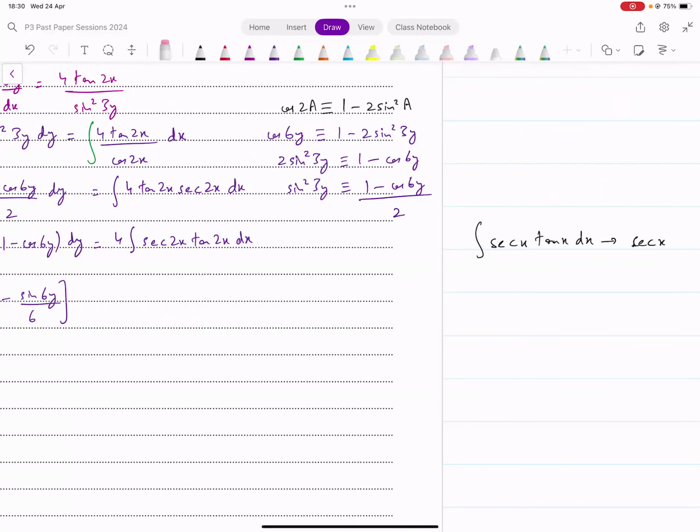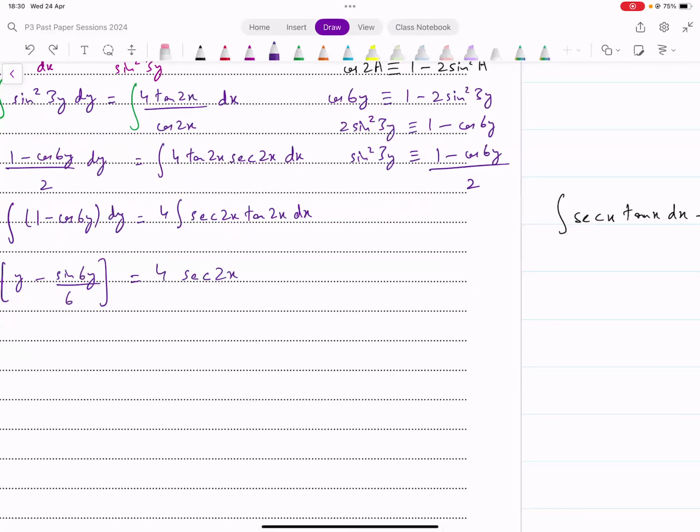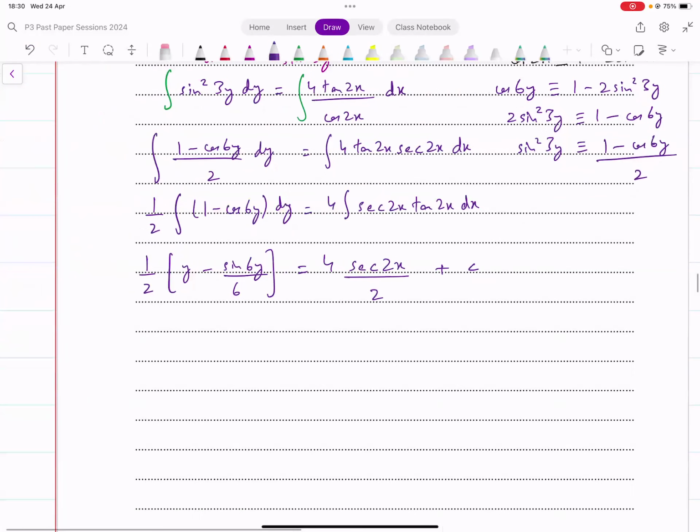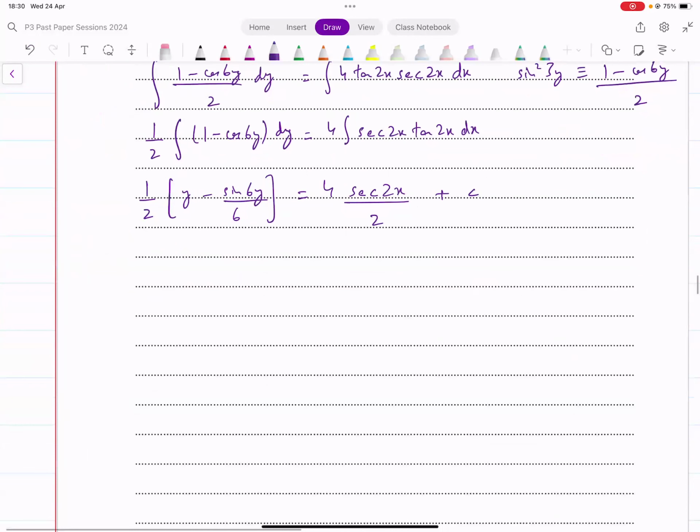What's the integration of secant 2x into tan 2x going to be? This is going to be secant of 2x. However, since x is replaced with 2x now, we have to divide by the derivative of 2x. What's the derivative of 2x? It's 2. And that is the integration that we get on the right side. Now we can simplify this.